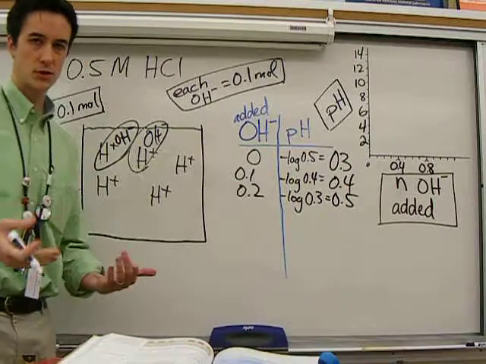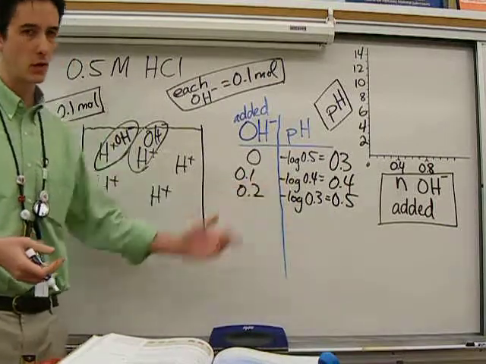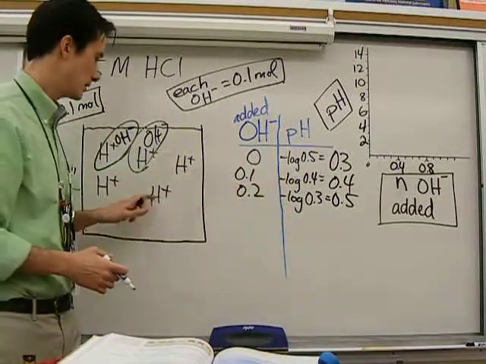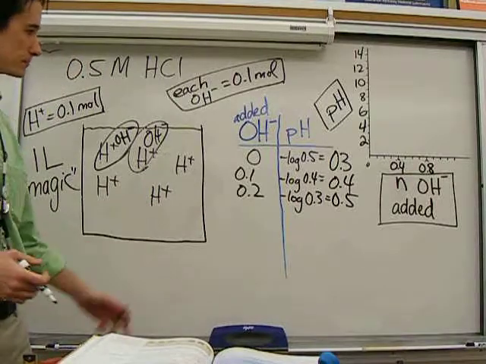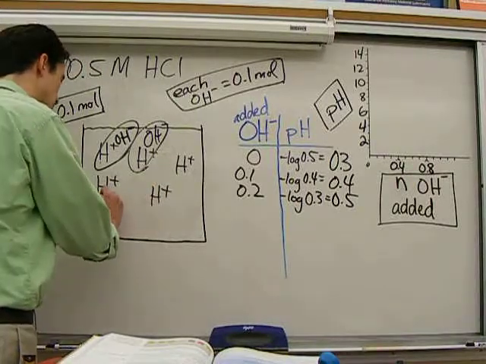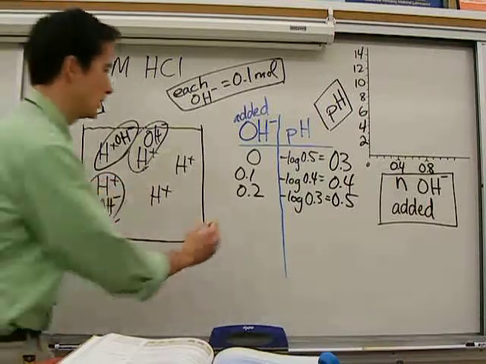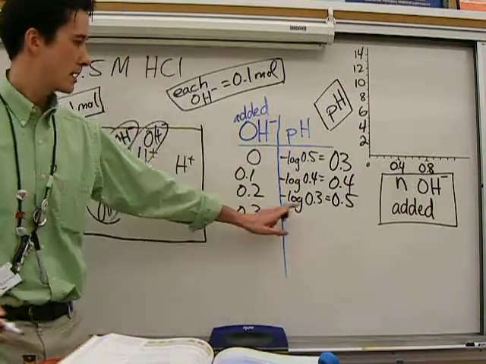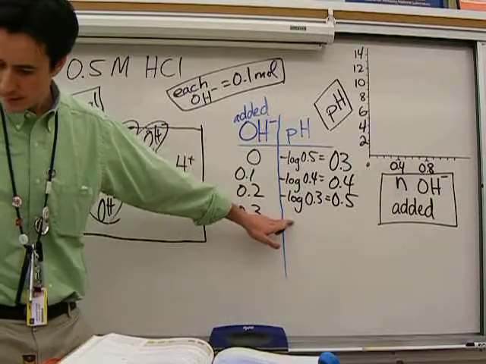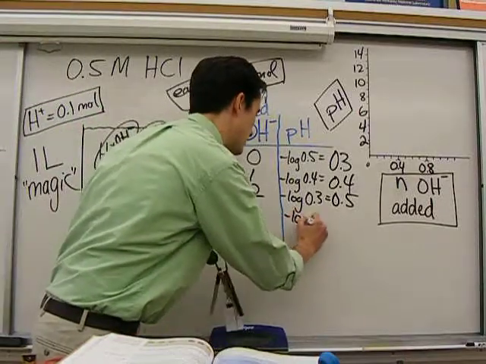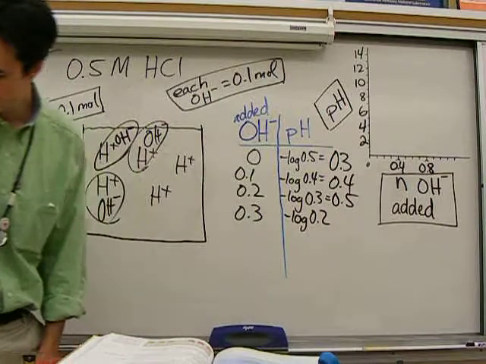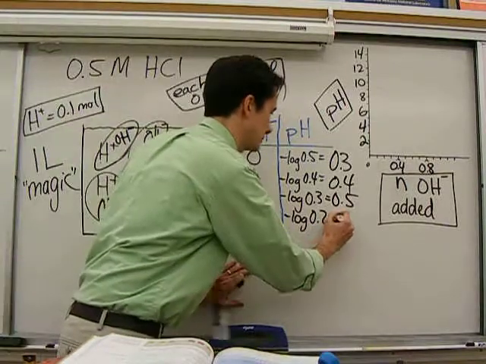You can check this. You can make sure that you're getting these numbers with the negative log of that concentration of H plus. Let's add another OH. We got 2, so we've added 0.3 and negative log 7.